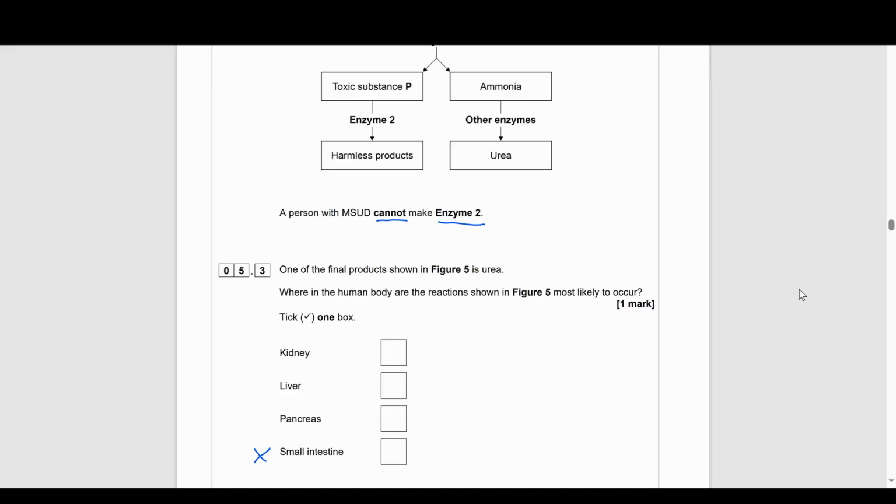It's not happening in the pancreas, because the pancreas is where enzymes are released and where hormones, insulin and glucagon, are released. The kidney is supposed to be doing two things: filtering the blood and producing urine, which should contain urea, but this conversion of the ammonia to urea is only going to happen at the liver, because that's the process of deamination which occurs in the liver.